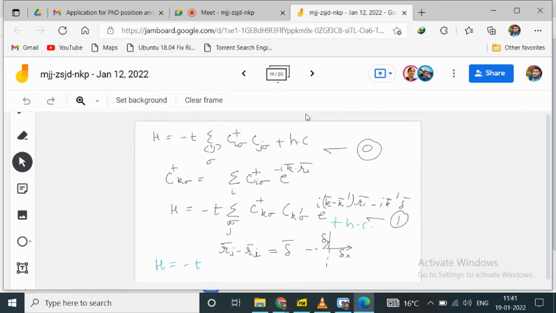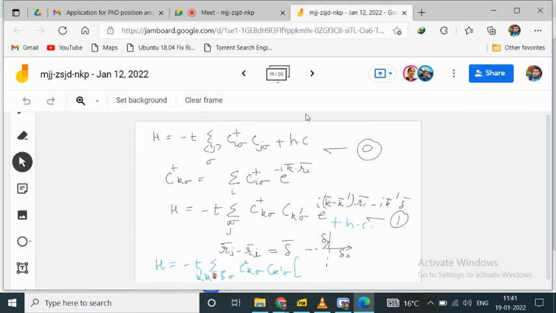So I rewrite it as a sum over i and delta and sigma, and of course a sum over k and k prime. Now look at this term. Let me remove i from here.